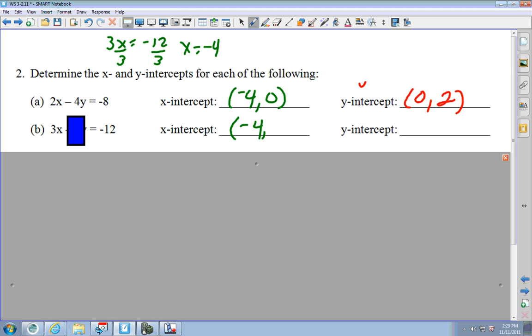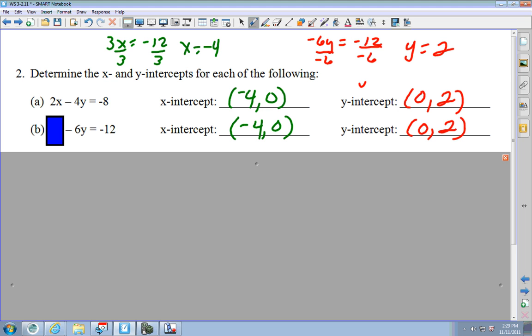That's a coincidence. (-4, 0). For the next one, I cover the x up to find the y. I get negative 6y equals negative 12. I'm going to divide by negative 6. I get y equals 2. Weird, same answers. All right, let's see what happens on the next one.